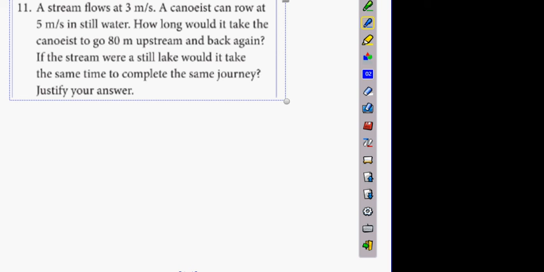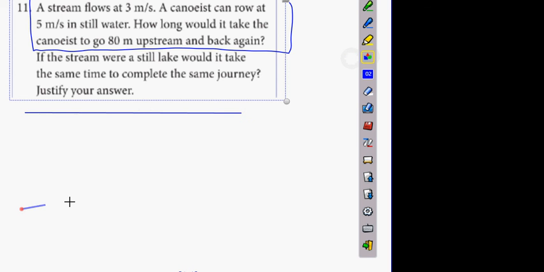Okay, this is interesting. I'm going to cut it here, and concentrate completely on this part. Once again, we're going to draw our diagram of a river. He wants to go 80 meters upstream from where he starts.